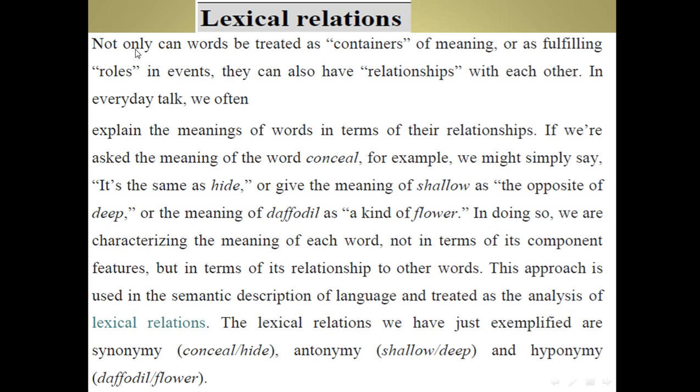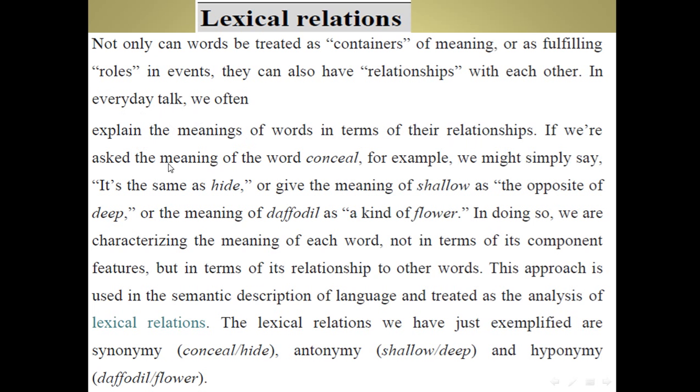We read here, not only can words be treated as containers of meaning or as fulfilling roles in events, they can also have relationships with each other. In everyday talk, we often explain the meanings of words in terms of their relationships.